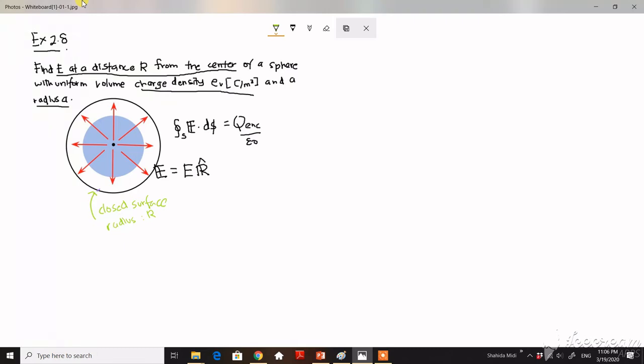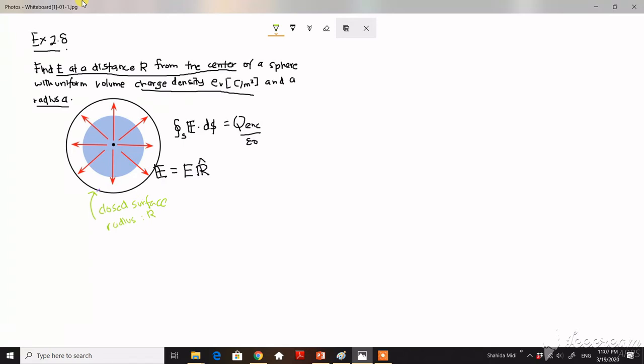To determine it, first we choose a small surface area, dS, and 90 degrees to that, pointing outward in the radial direction.